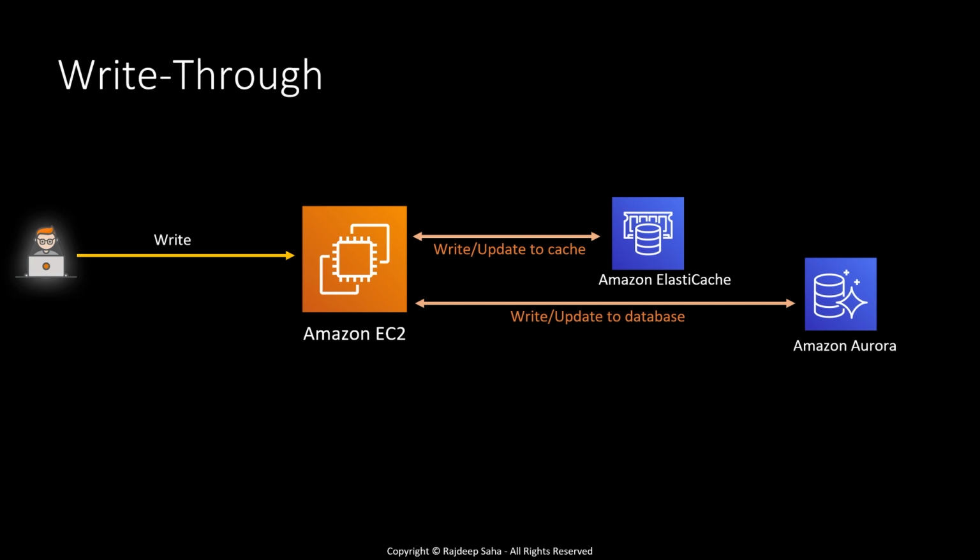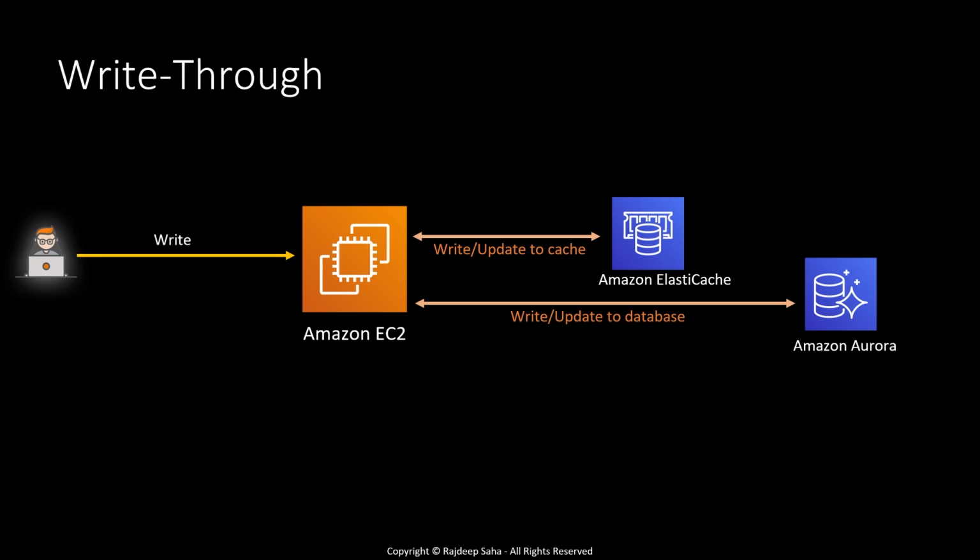Any time new data is written, updated, or deleted, it also does the same to the cache. So what are some advantages? Data in the cache is never stale, because any time a record is updated, it's also updated in the cache at the same time. With write-through, you incur a write penalty, because the write will take a little bit longer since the code has to write to the cache as well.